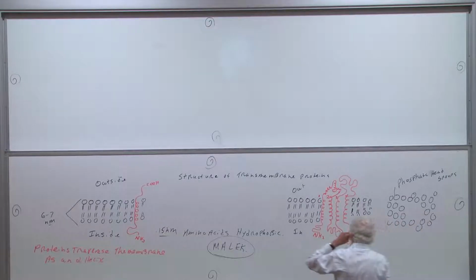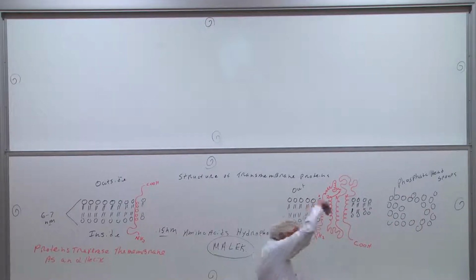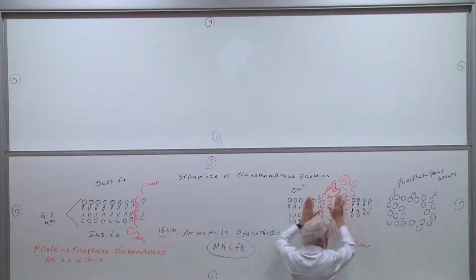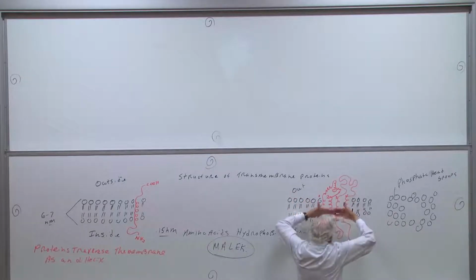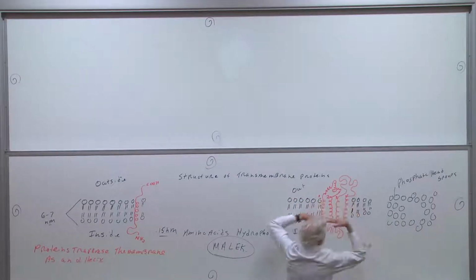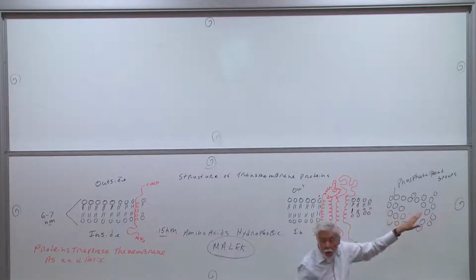And depending on how you think of it, you can imagine putting your head into the board looking down, or you can imagine taking this cross-section and rotating it from this orientation to this orientation and looking down onto the surface of the cell.